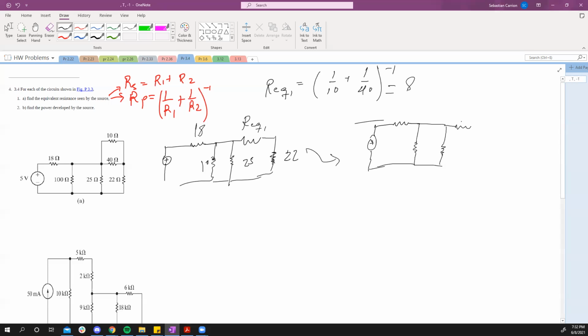This is going to be the equivalent resistance here. And then we notice that these two resistors share only one node, so we're going to assume these are in series.